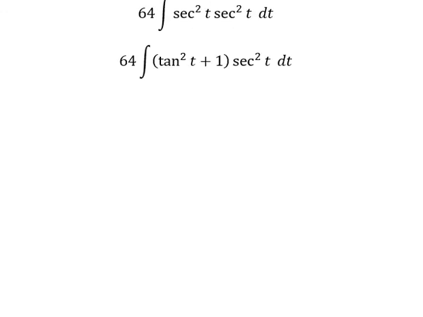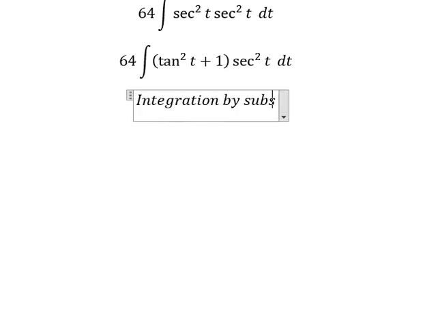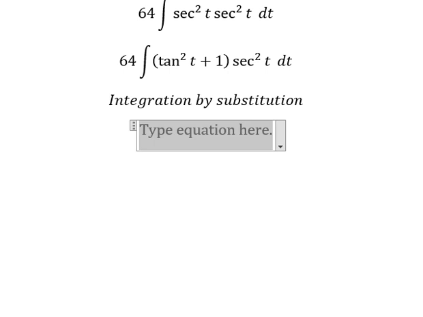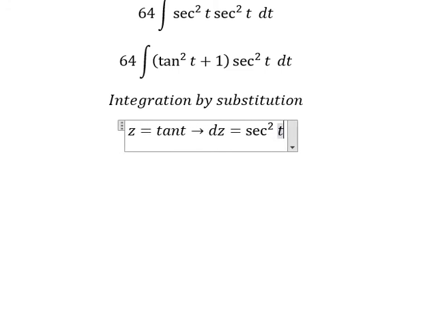And now we can use integration by substitution. So I will put z equals tan t. If I take the first derivative of both sides, you get secant of t squared dt.